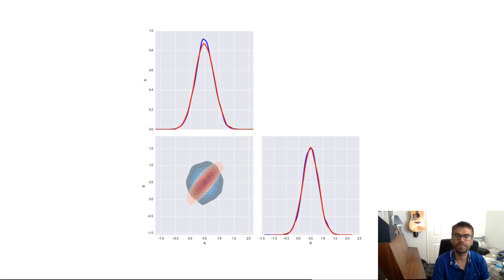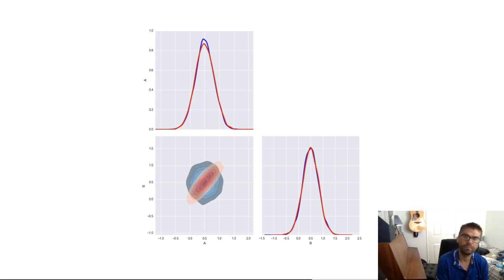On the top left and bottom right-hand side plots, we have what are called the marginalised 1D posterior probability distributions. And that's where we collapse that 2D space into a 1D space for both A and B. Now what you can see here is that the red and blue lines lie on top of each other. So if we were to just look at that 1D marginalised posterior probability distribution, we'd think those posteriors are the same.